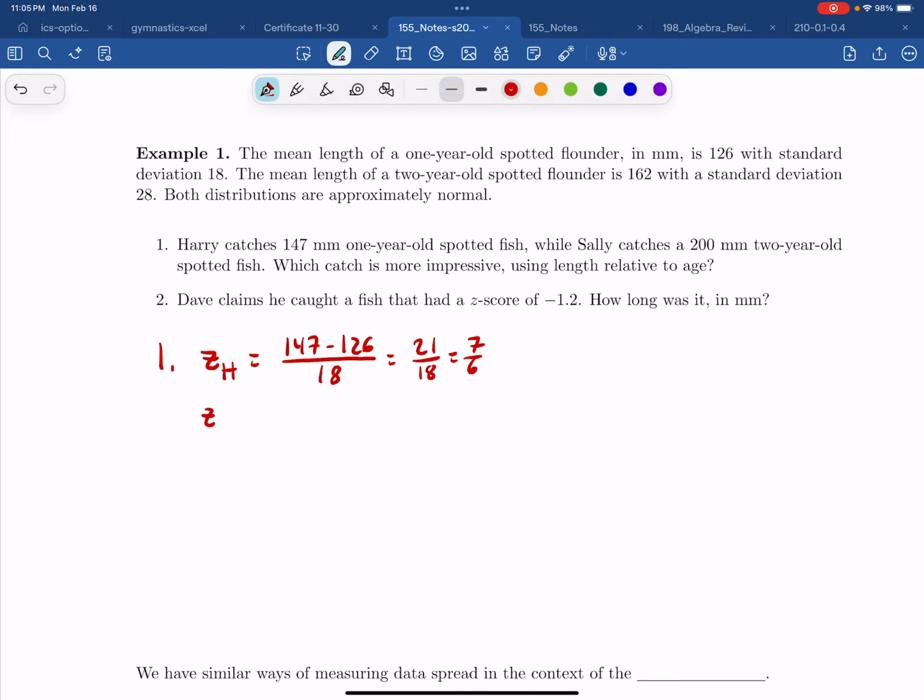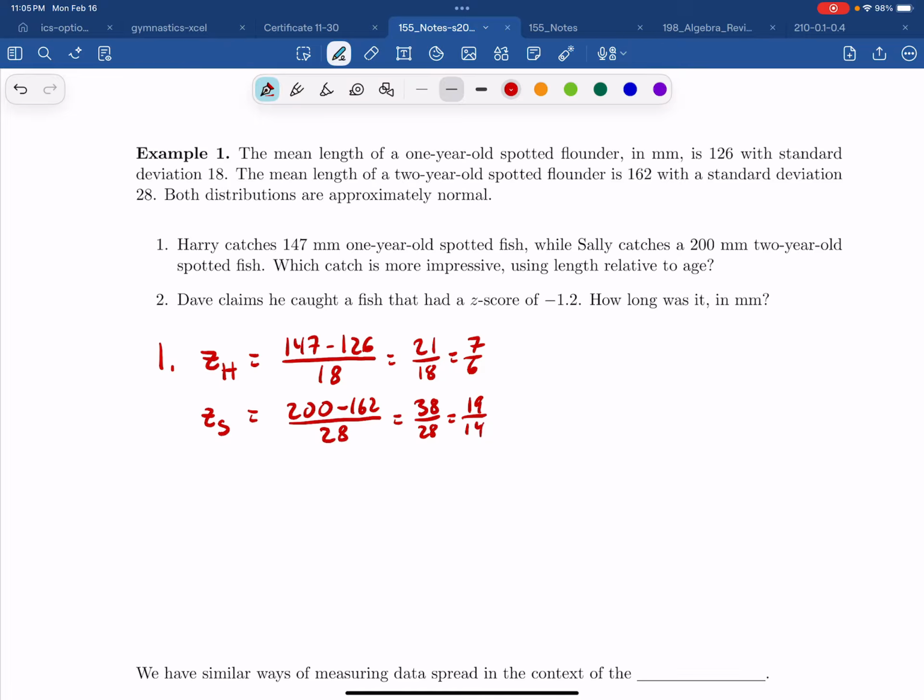Meanwhile, Sally catches a 200 millimeter 2-year-old. That's 200 minus 162 divided by 28, and this gives us 38 over 28. Divide that by 2, we get 19 over 14.